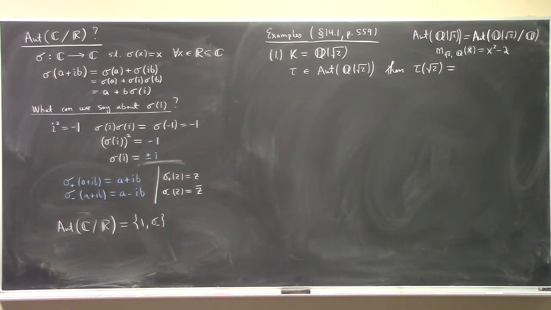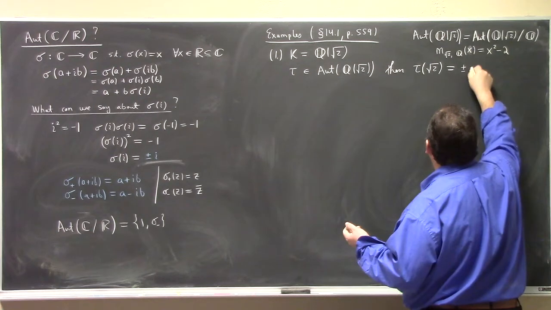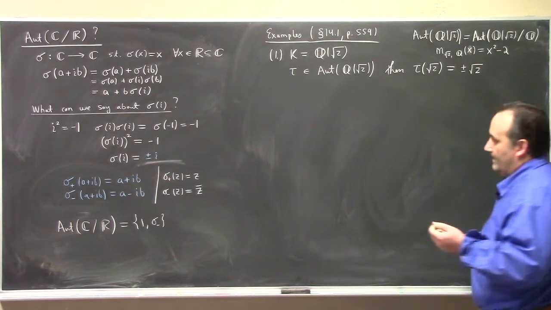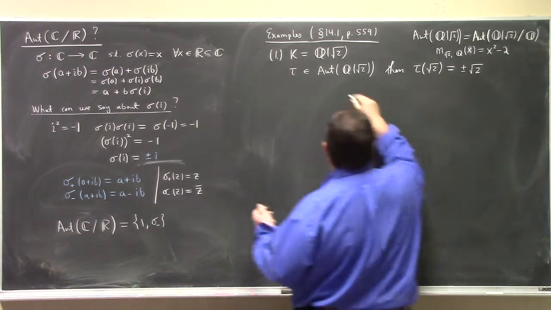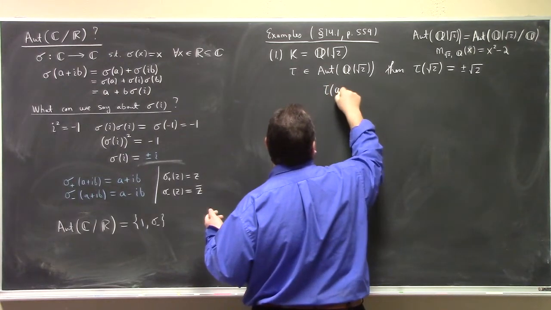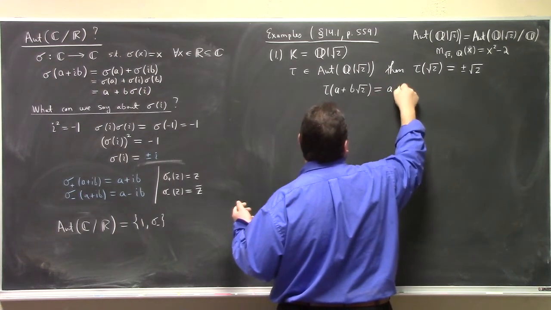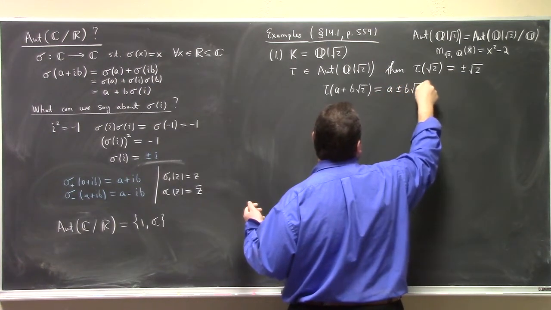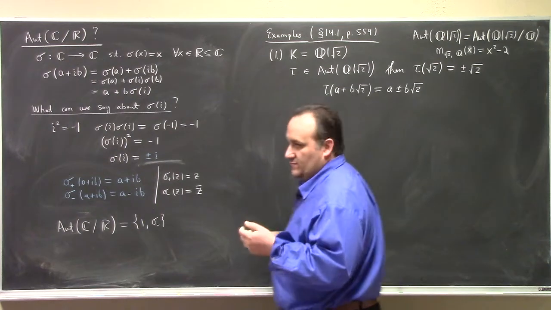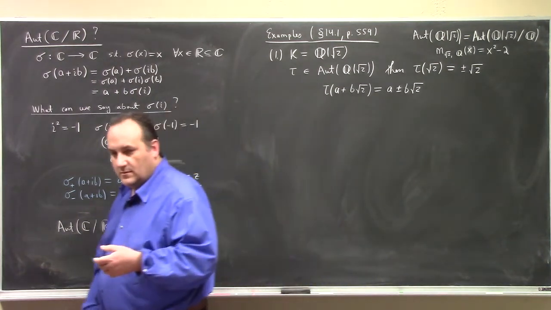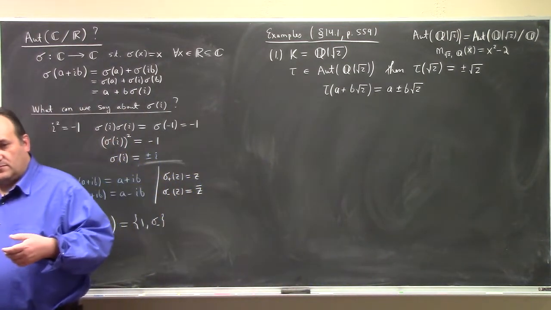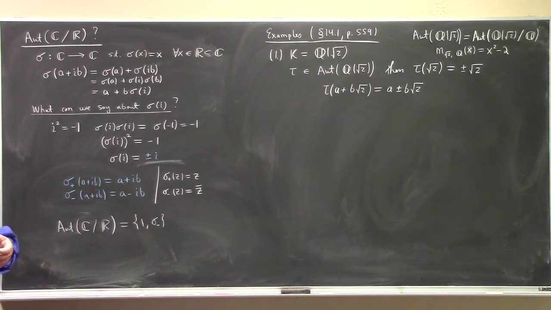We could send square root of 2 to plus root 2, or to minus root 2. So that means that tau of a plus b root 2 could be a plus or minus b root 2, because tau fixes Q, so the a and the b pop out unscathed by tau. And root 2 is either sent to root 2 or sent to minus root 2.